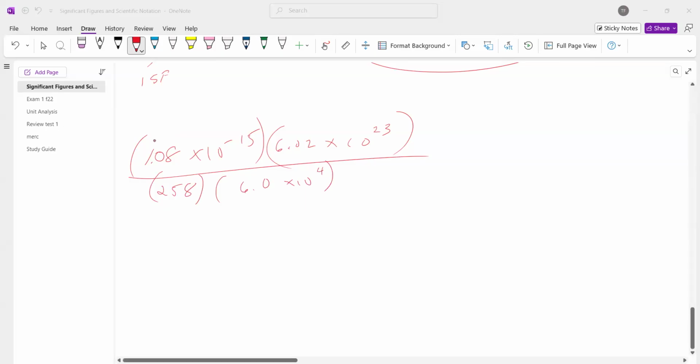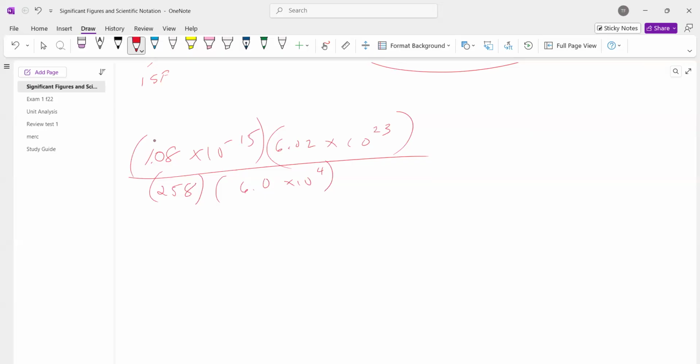I mentioned it yesterday. We're using that number a lot in this class, starting in unit 2. So we have 1.08 times 10 to the minus 15 times 6.02 times 10 to the 23rd, divided by 258, divided by 6.0 times 10 to the 4th. And I'm using parentheses now.